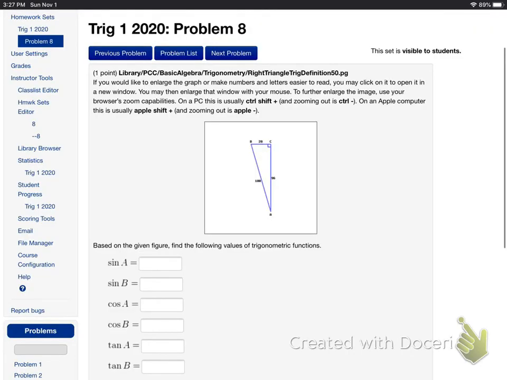Okay, so now let's look at a question in the web work. This is A, this is B, it's not very clear, and this is C. And then the numbers, so I guess this is 100, and this is 96, and this is 28.